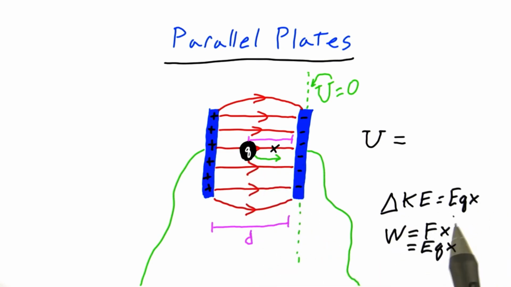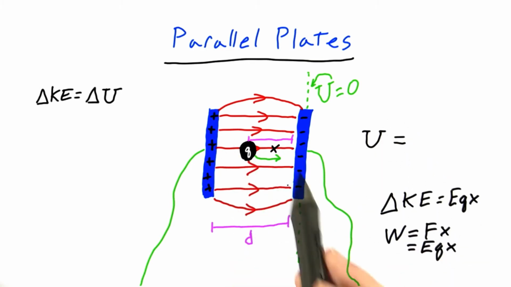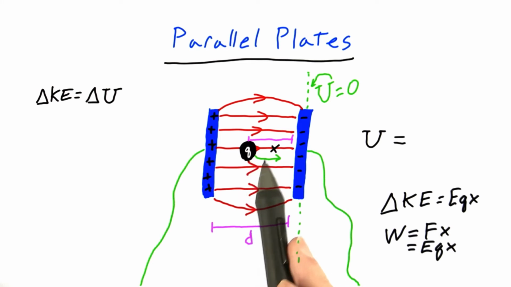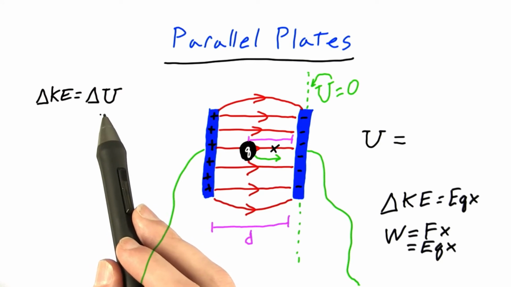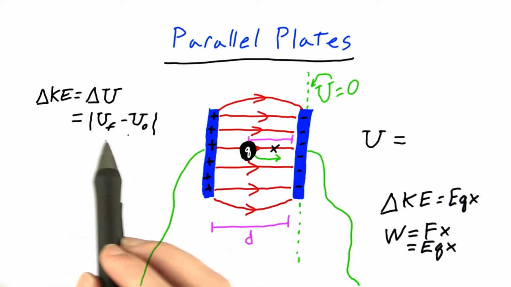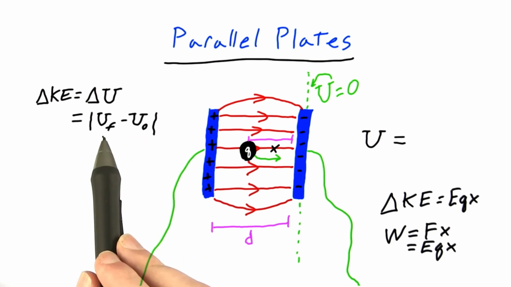Alright, now let's use conservation of energy to relate this change in kinetic energy to a change in potential energy. So in this case, because there aren't any extra forces doing any work on the charge, only the field is doing the work, we know that the change in kinetic energy is in fact exactly equal to the change in potential energy. And the change in potential energy is just equal to the difference between the original potential energy and the final potential energy.